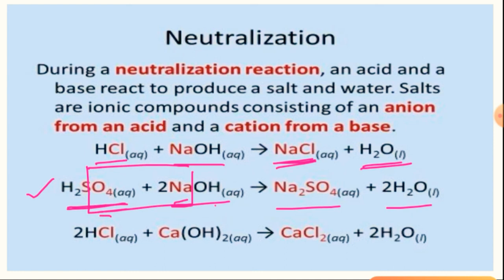Then for another acid we have taken HCl and calcium hydroxide. From the HCl, the chlorine reacts with calcium, forming calcium chloride as salt, and hydrogen and OH minus react together, bonding to form water.